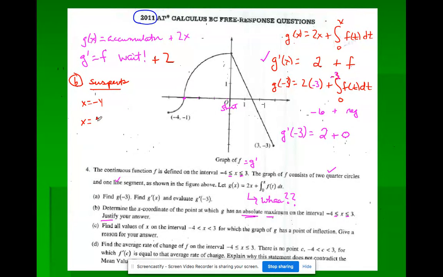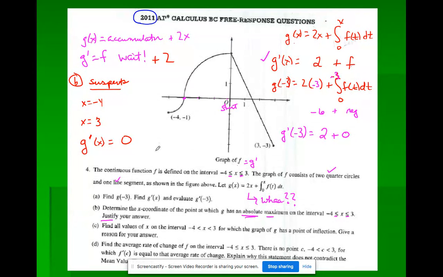And where the derivative changes from positive to negative. But that's around where the derivative is equal to 0. Be careful. Where is g prime of x equal to 0? Oh, snap. G prime, it's not just this graph. This is the graph of f.